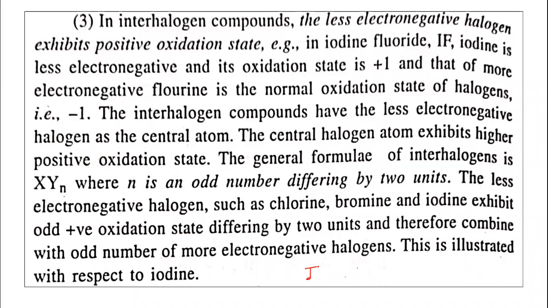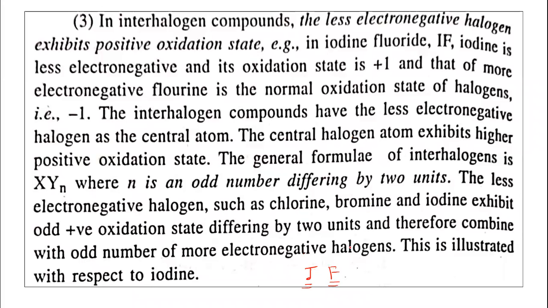For example, in IF, as iodine is less electronegative, it has a positive oxidation state, and fluorine is the more electronegative element, so the electrons are shifted to the fluorine.